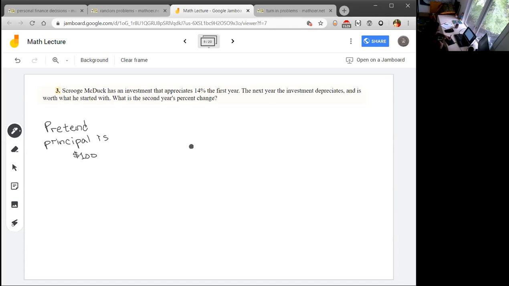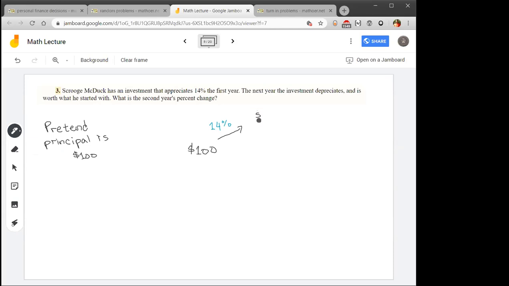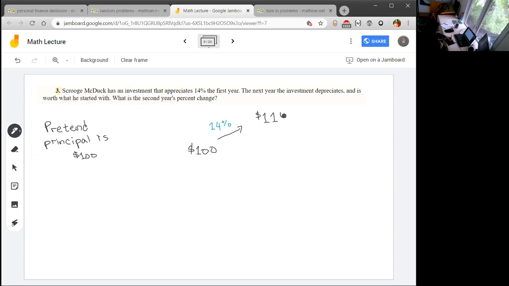So what we then have is he has $100. It goes up by 14%. So how much will he have at the end of the year? 114. 114, right? That's why I picked 100, so the numbers would work out so nice. So then it goes down, and I don't know what percent this is.